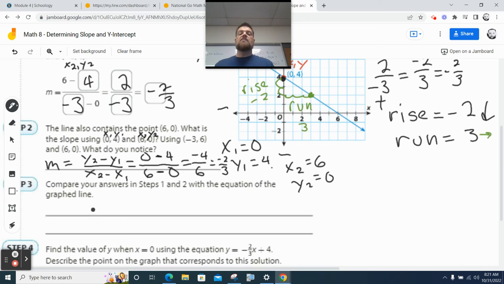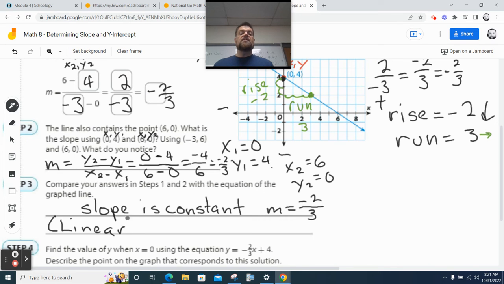What does that say about the equation of the line? Slope is constant. Now, if I pick any 2 points on the line, and this isn't what's written in the book, but I want you to write this down: when your slope is constant, it's linear.